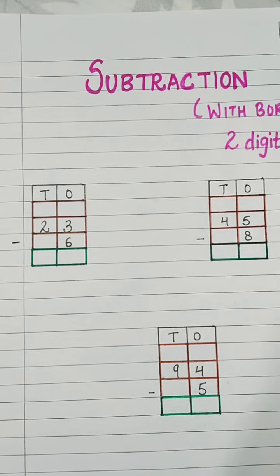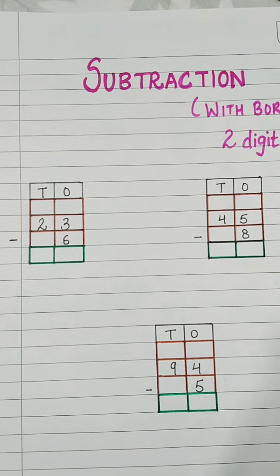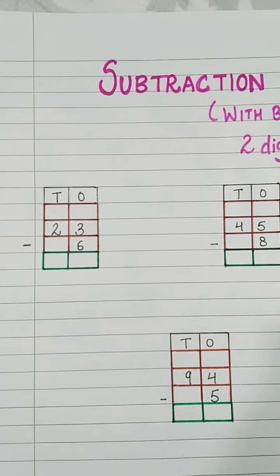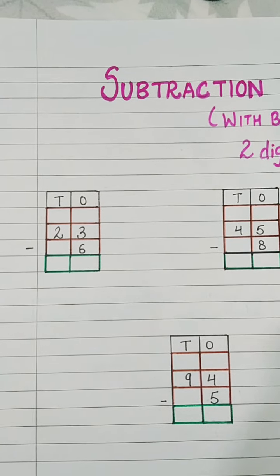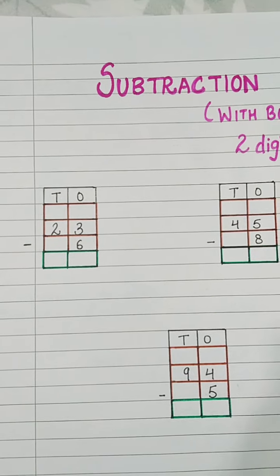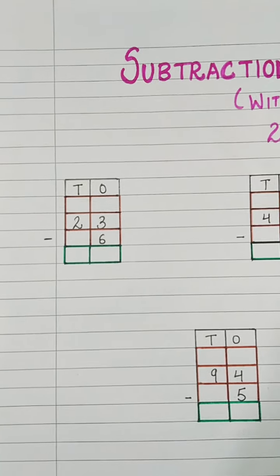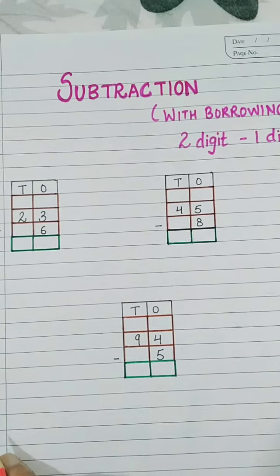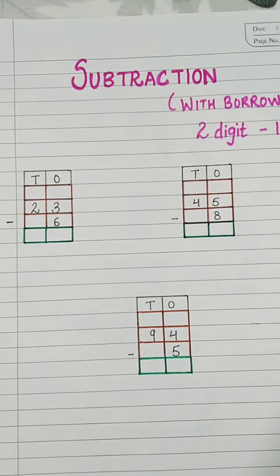Like they put two numbers in the same box, or they don't leave proper gaps. It creates a lot of confusion, not only to you but also to the teachers. So you have to leave proper gaps. See how cleanly and tidily I have done this work.